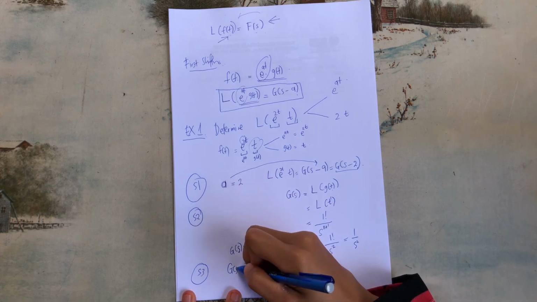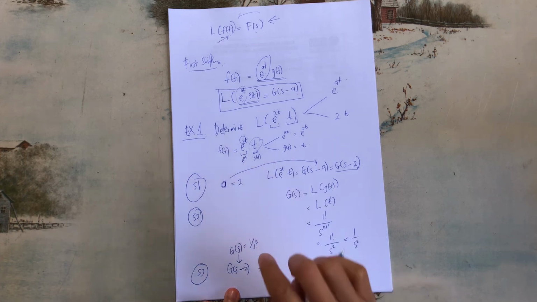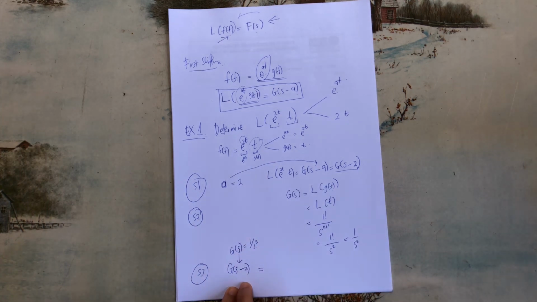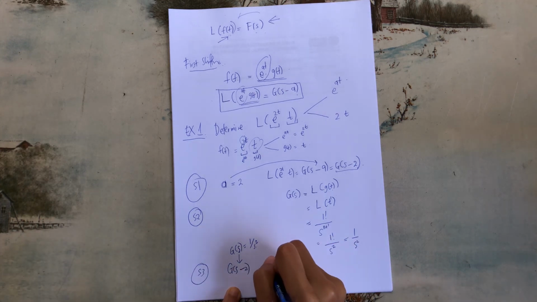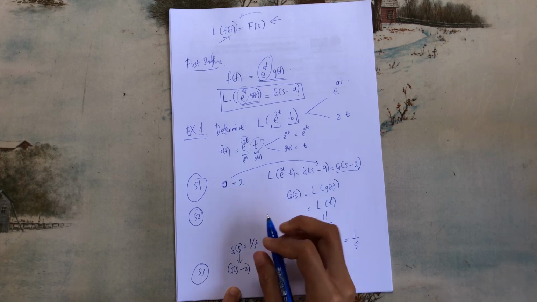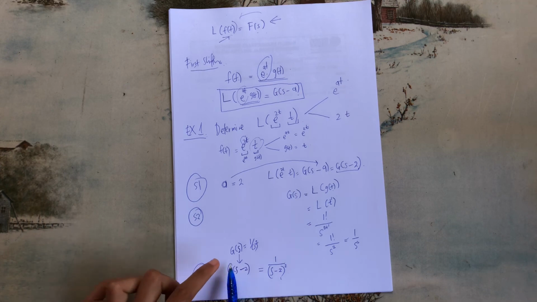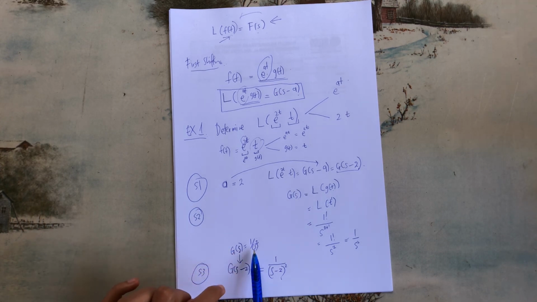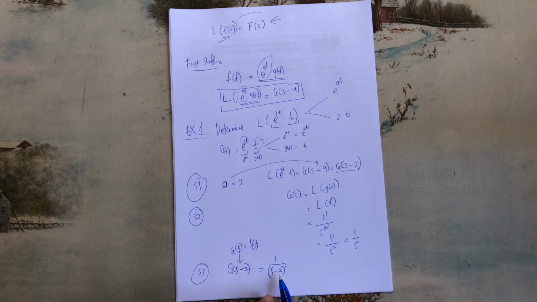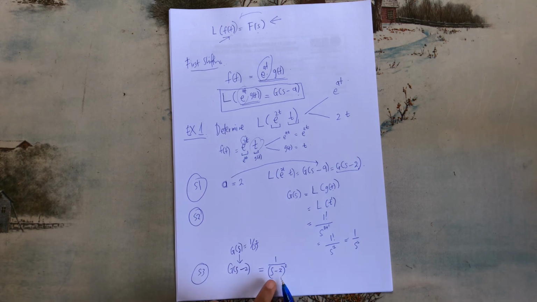How about if we change already? s now becomes s minus 2. So automatically your answer here also must be s minus 2. Tengok balik, here is s, so here is s. Now your answer is s minus 2. That means you just replace s here, it will become s minus 2.